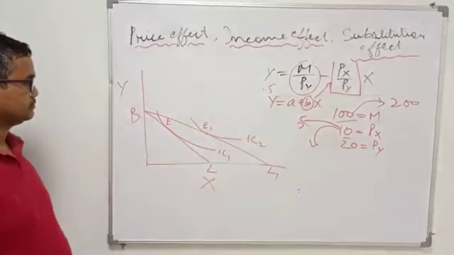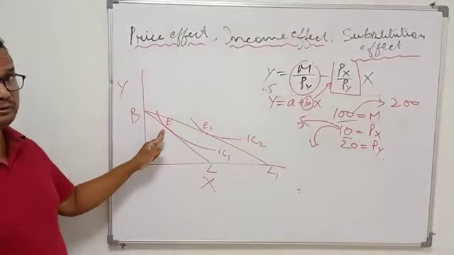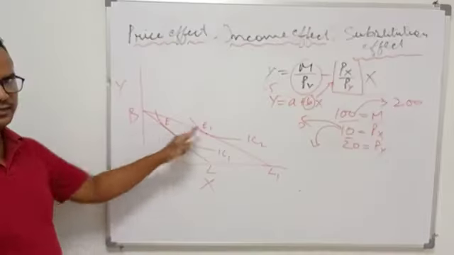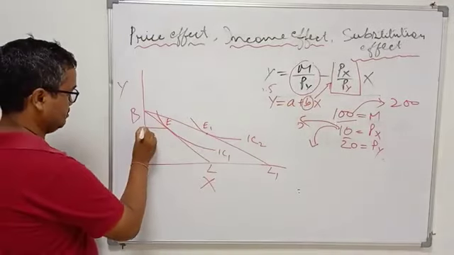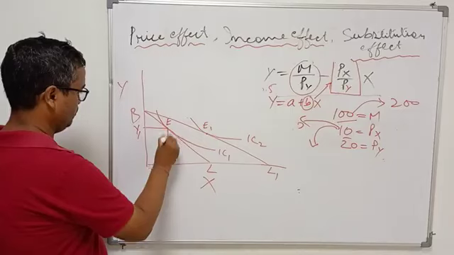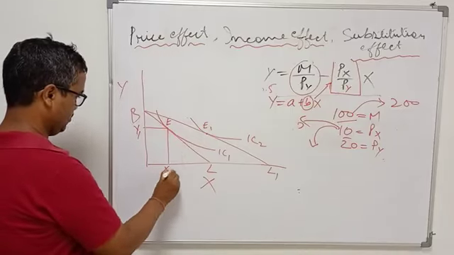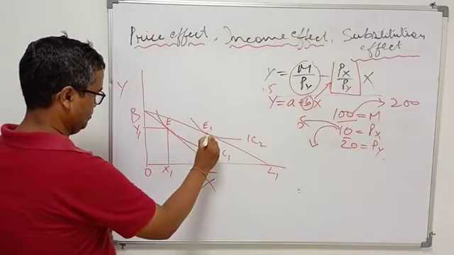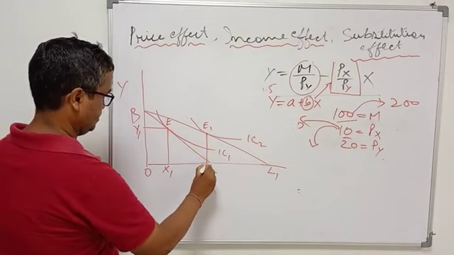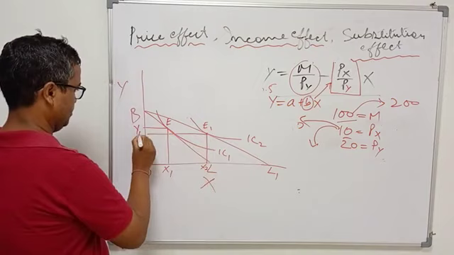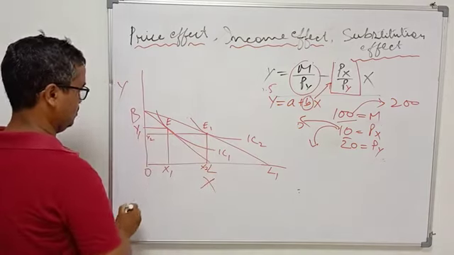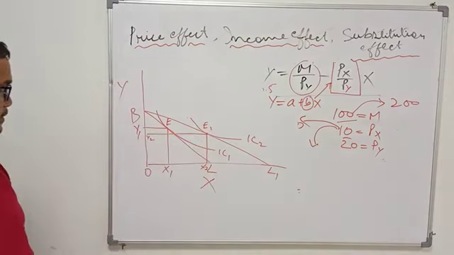Now we know that this is the price effect, isn't it? Due to the change in prices, earlier the consumer was consuming OY1 of Y good and OX1 of X good. Now it is consuming OX2 of X good and OY2 of Y good. That is the price effect.